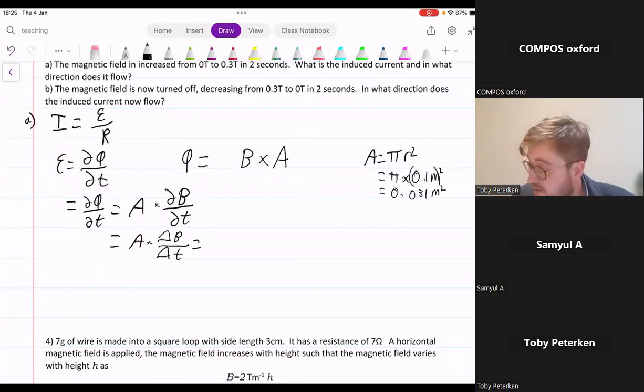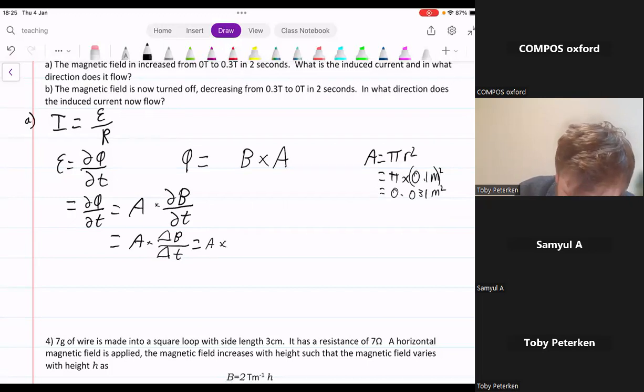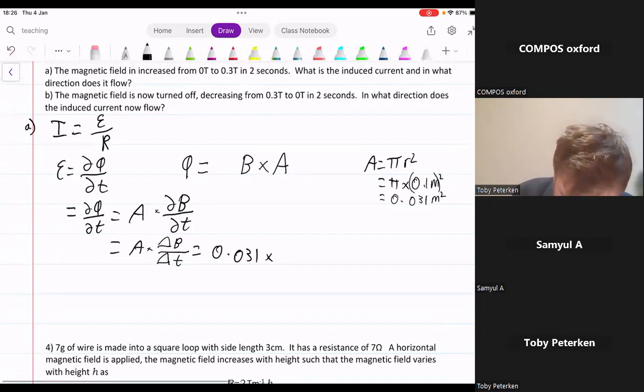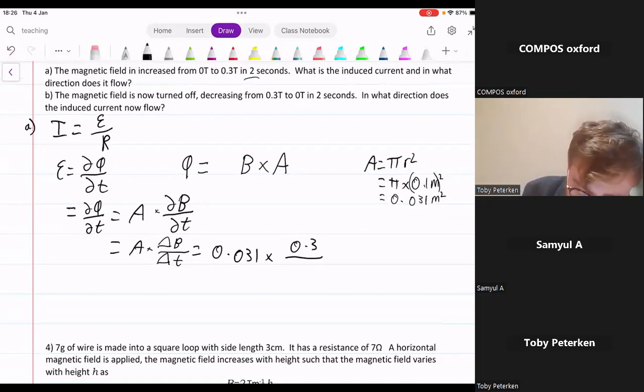So this whole thing is equal to area times, I'll put the numbers in. May as well have to do it at some point. We have 0.031 times the change in the magnetic field, 0.3 Teslas. The change in time is 2 seconds.